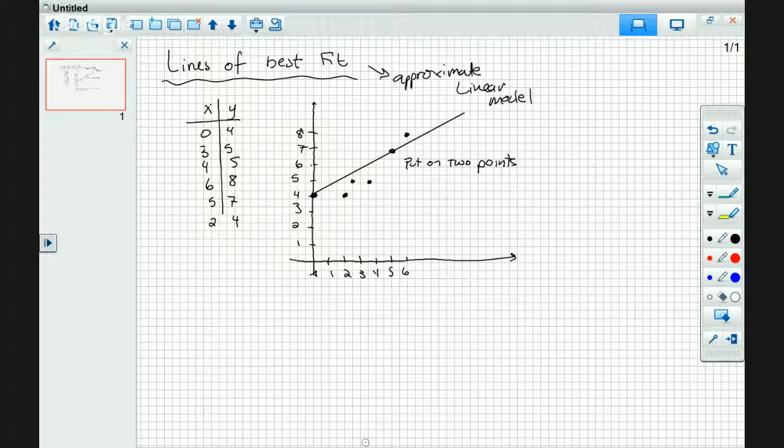Slope. Now we can write an equation. Don't fall asleep. Okay.